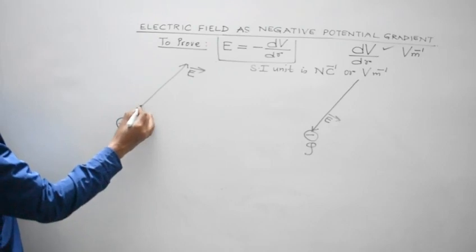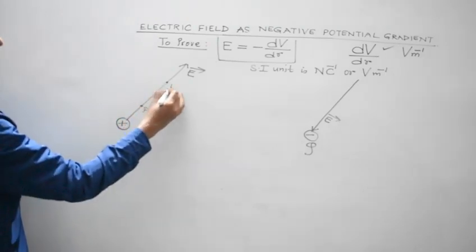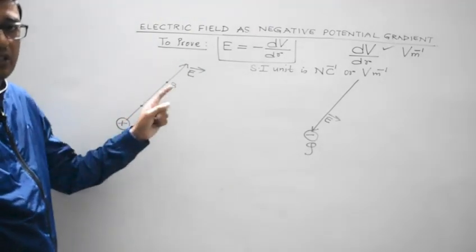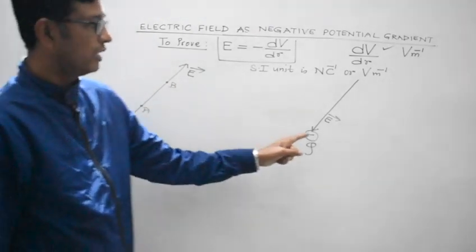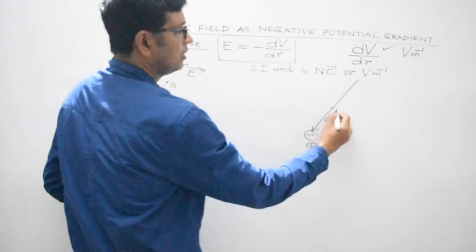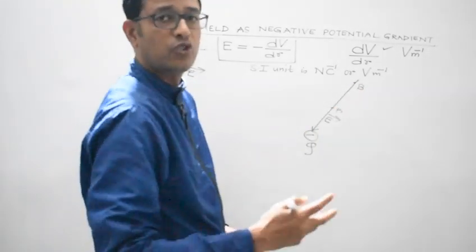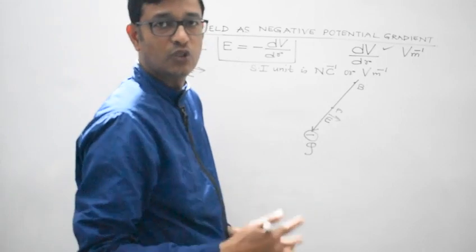Now consider these two points, point A and point B. Due to positive charge, the potential at a point must be positive. Due to negative charge, potential will be negative, like minus 3 volt, minus 2 volt, minus 8 volt.